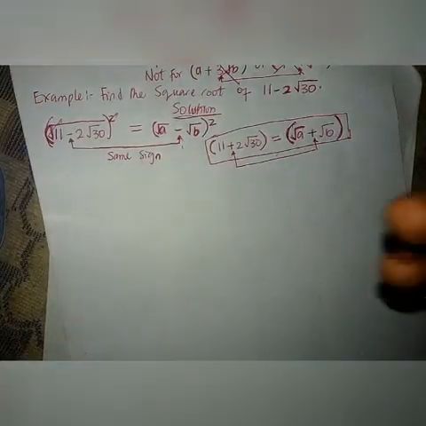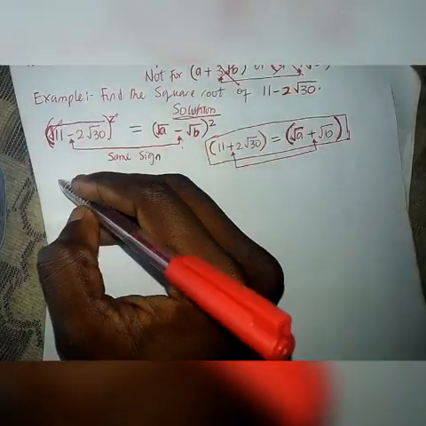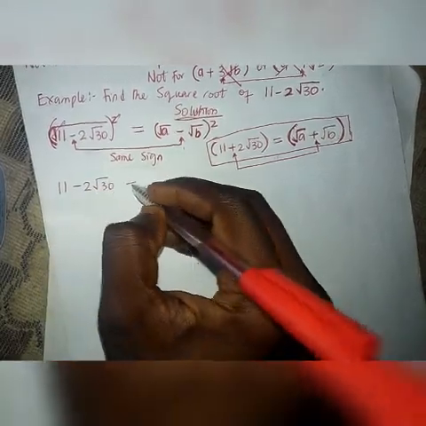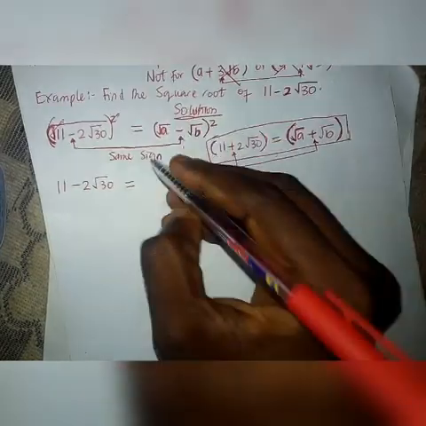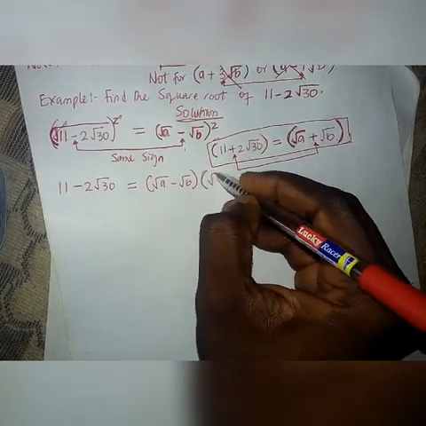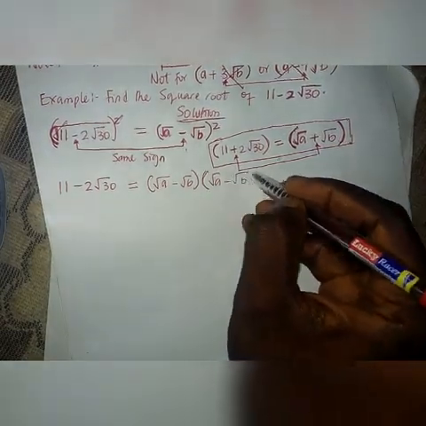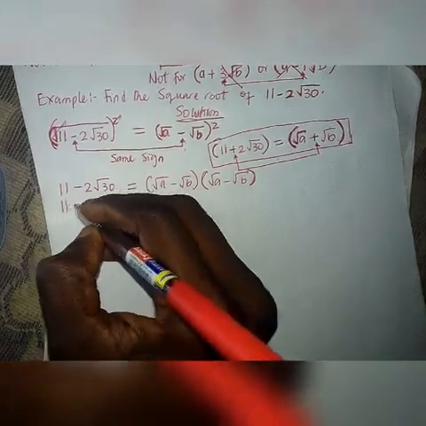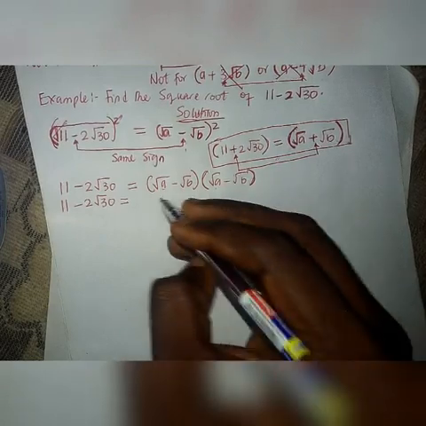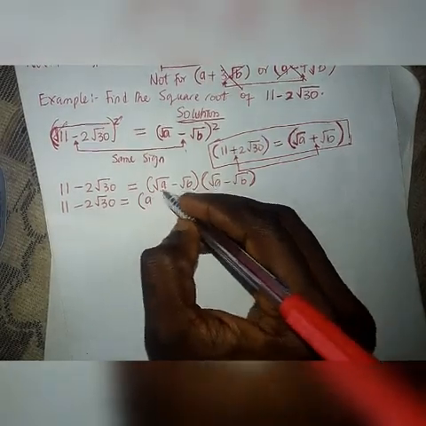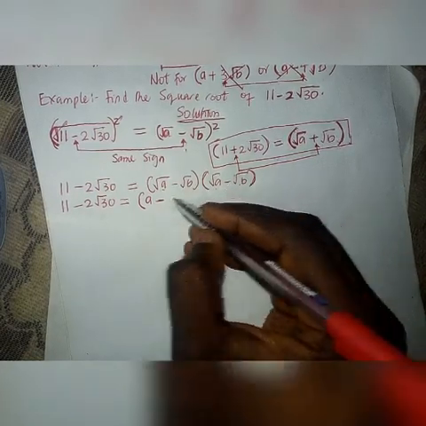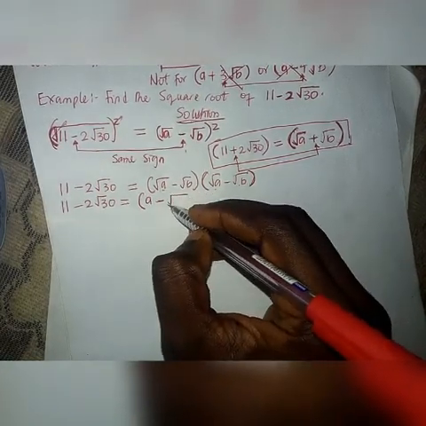So 11 minus 2 surd 30 is equal to surd A minus surd B times surd A minus surd B. Surd A times surd A is A. Surd A times minus surd B is minus surd AB.